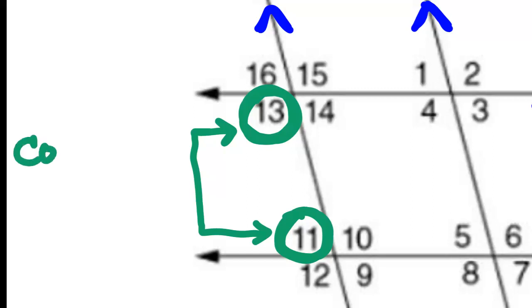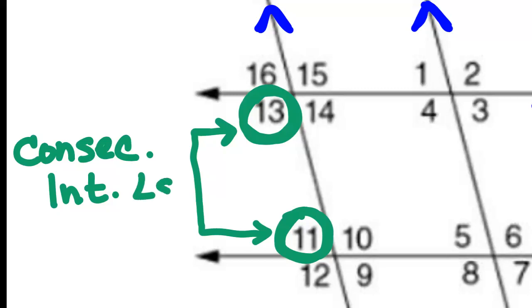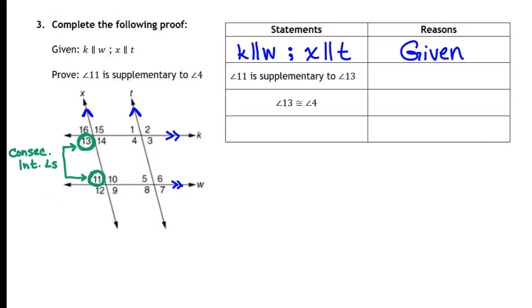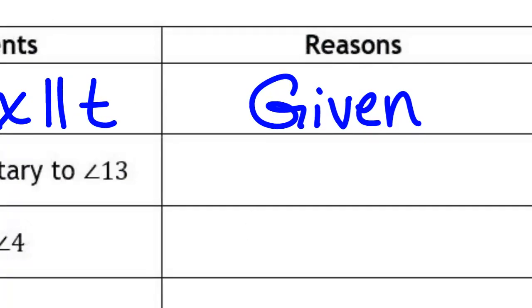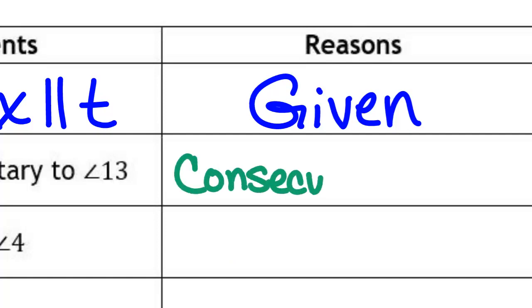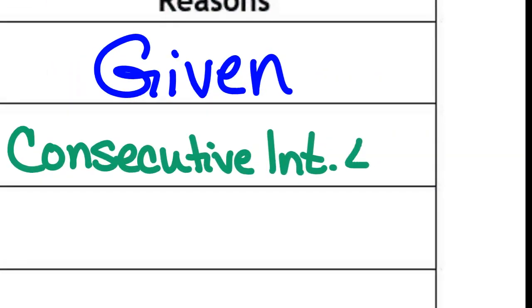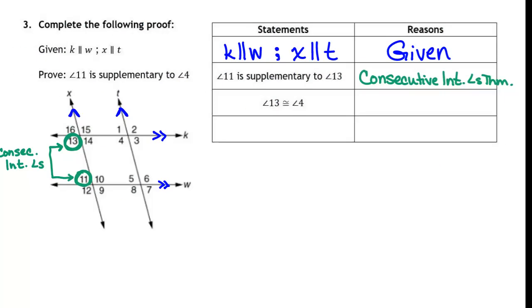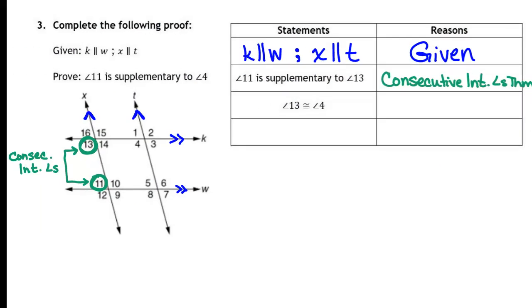Consecutive interior. And what do we know about consecutive interior angles? They are supplementary. Since I knew the lines were parallel at the beginning, by the consecutive interior angles theorem, I can say that 11 is supplementary to 13.